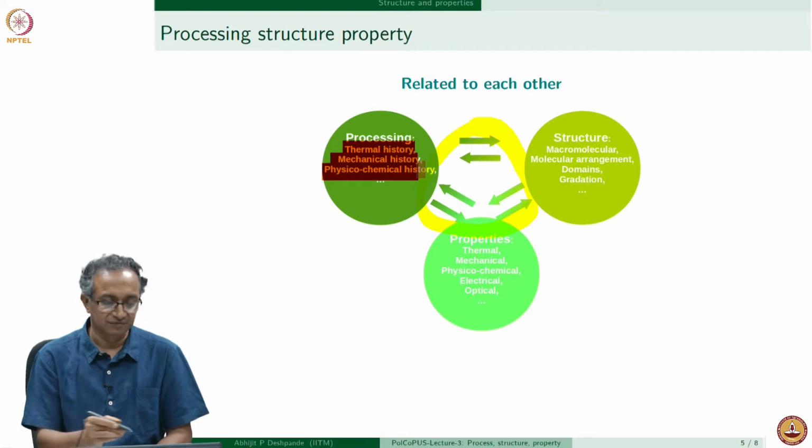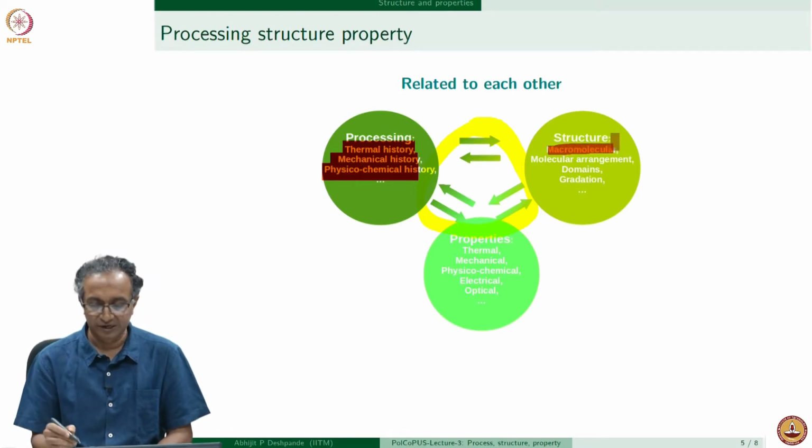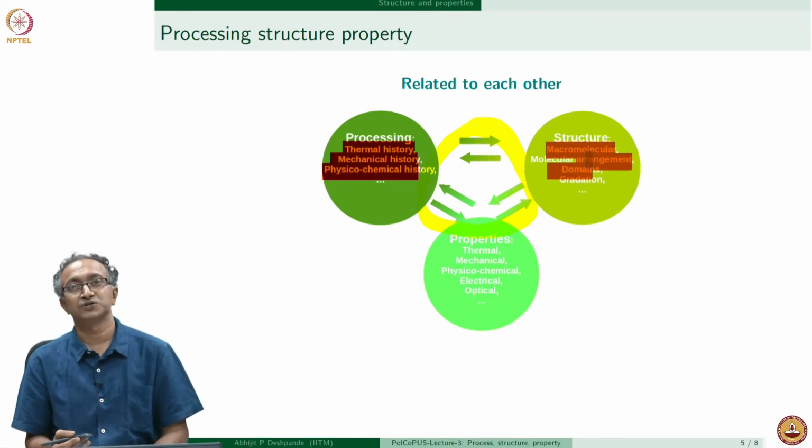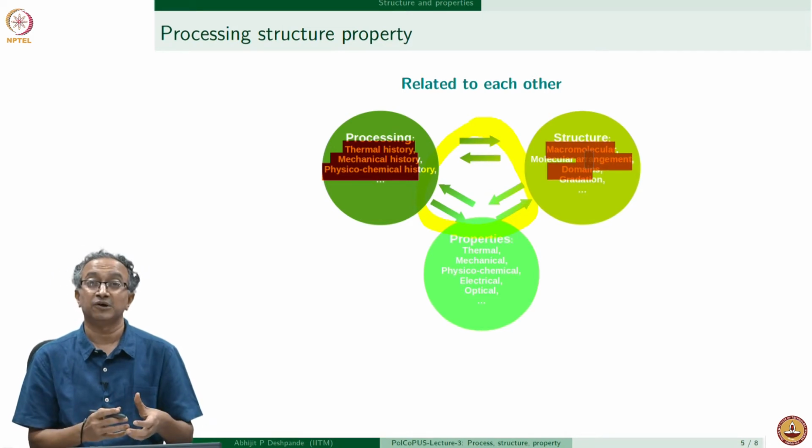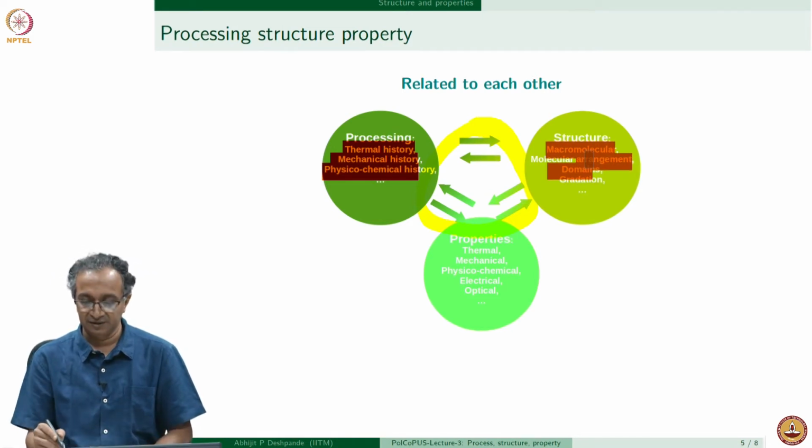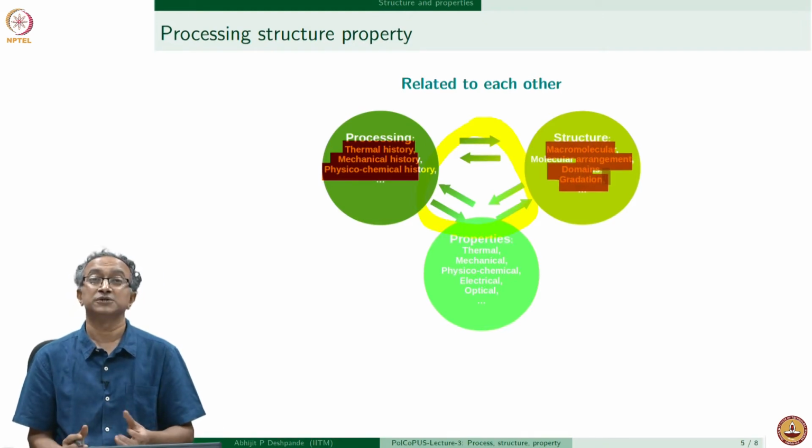When we say structure, we look at the molecular structure in terms of arrangement of molecules, in terms of domains, whether it's crystalline domain or amorphous domain, or maybe one particular polymer mixed in another polymer, and also whether there is gradation in terms of compositional difference.